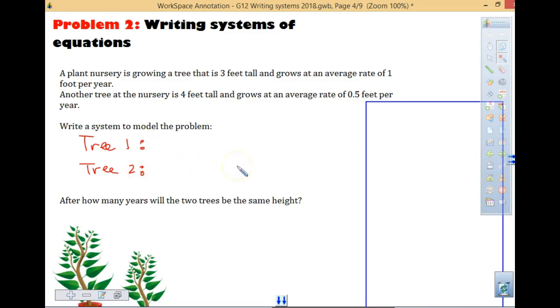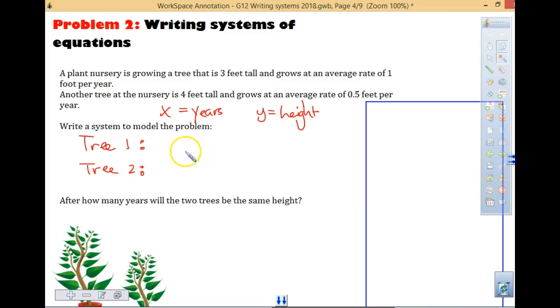So when you read the problem, Connor, do we know a rate of change? Yeah. The rate of change is what for the first tree? 1 foot per year. 1 foot per year, which means X has to be the years, and Y is going to be our height.